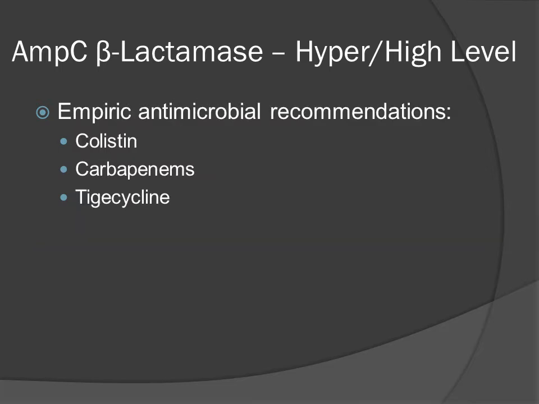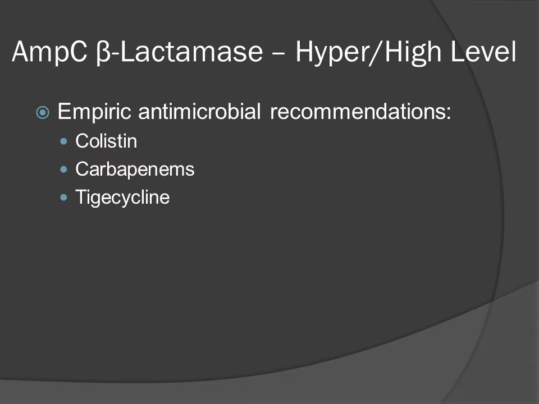So, empiric antimicrobial recommendations when you've got somebody who has a hyper or high level AMP-C are colistin, carbapenems if you suspect that they still have residual activity, and tigecycline. The problem with tigecycline, however, is some of the recent data that suggests that patients have increased mortality risk due to use of tigecycline. But also, tigecycline just doesn't concentrate well at certain areas for certain infections.